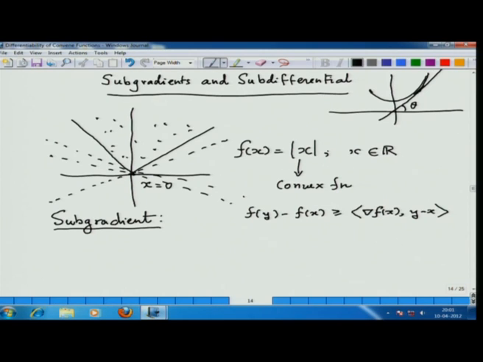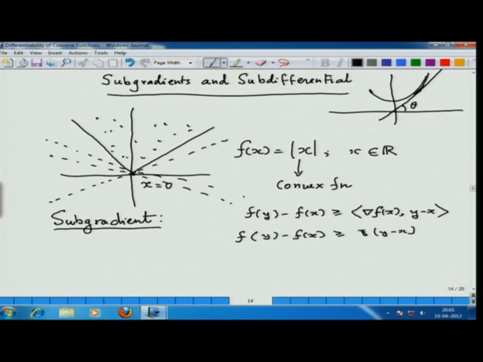So, which means that if I consider the slope of each of these lines, then you will have the formula f(y) minus f(x) is greater than or equal to some slope, let us write it as xi, times (y minus x).